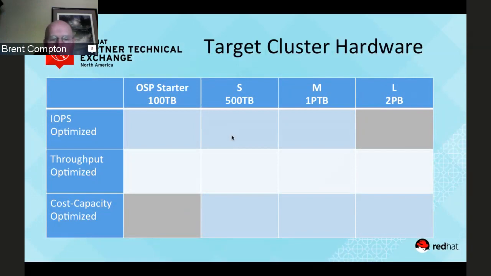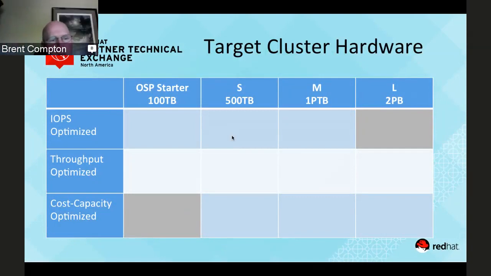So, for example, we use erasure coding for the cost capacity, the cheap and deep. So, classic use case of object archive. For those architectures that we benchmark, they're erasure coded, and they don't use flash write journals because that adds a significant element to the cost, and the cost is the objective for that row.